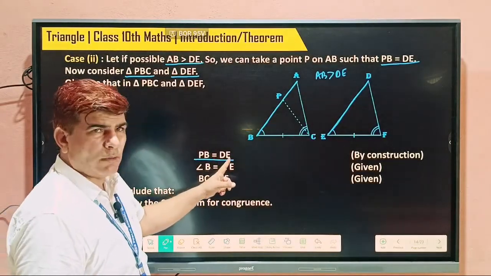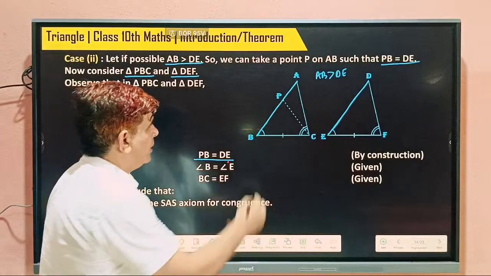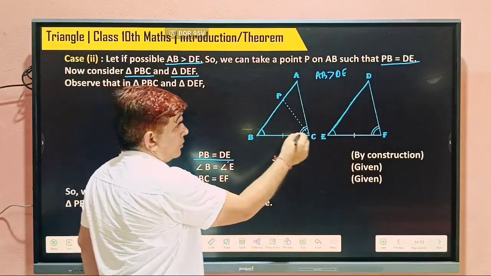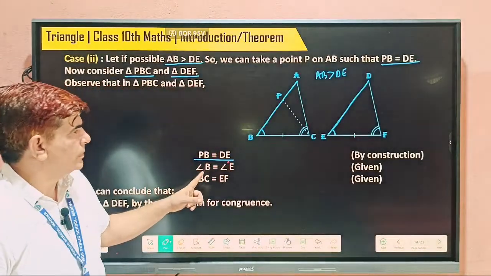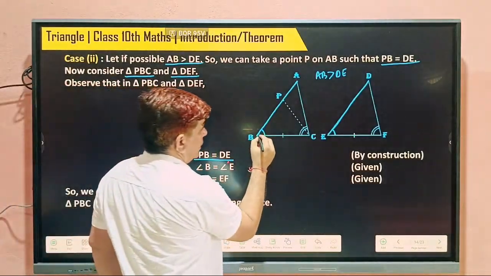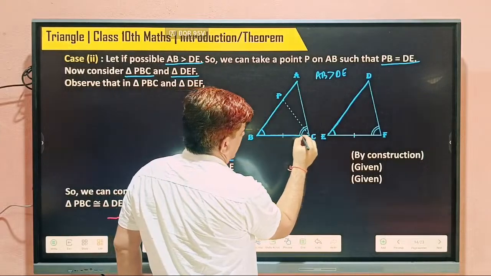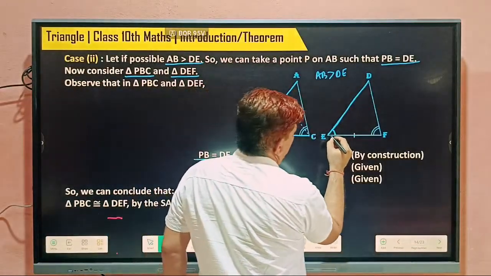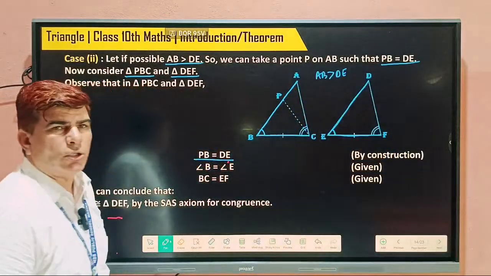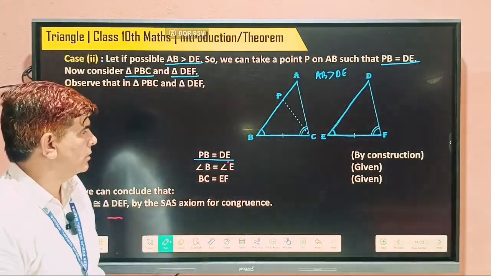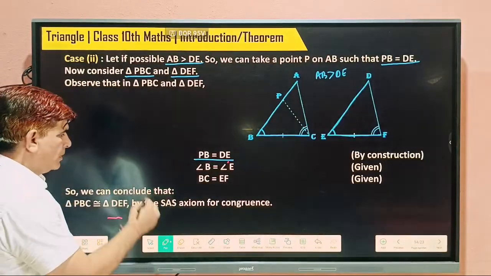So PB equal to DE by our construction. Angle B, this angle equal to this angle, given. BC, this side is equal to which side? EF. BC equal to EF. This is also given. So again, what does it become?